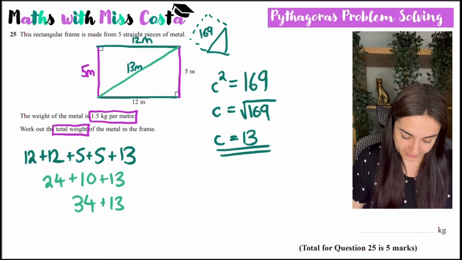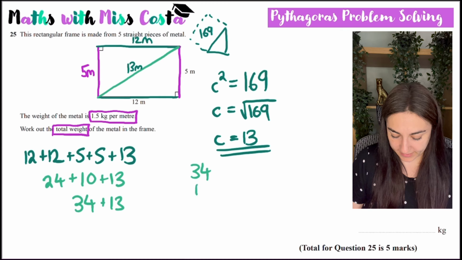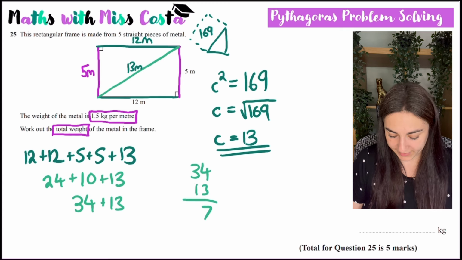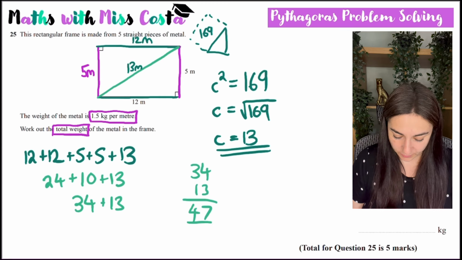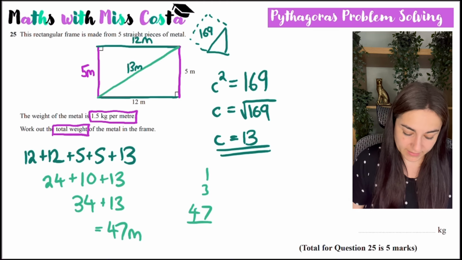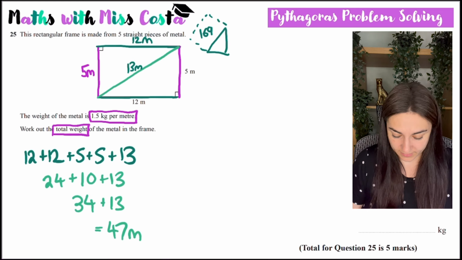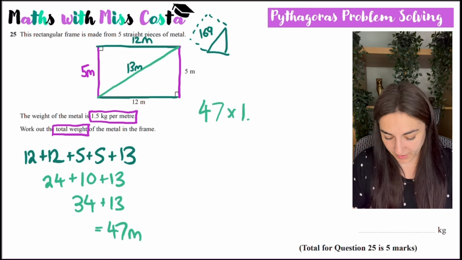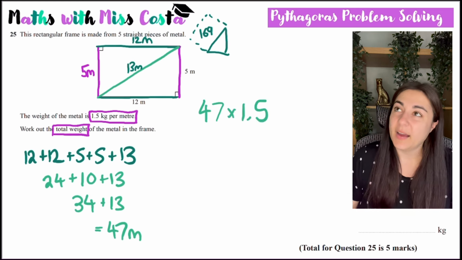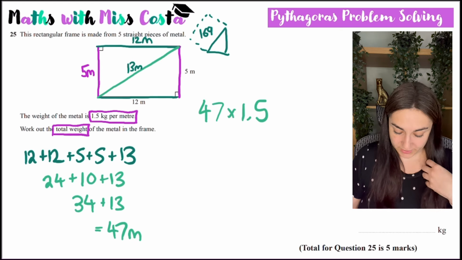And 34 plus 13, I can do it like this. 4 plus 3 is 7. 3 plus 1 is 4. So that would be 47 meters. So the last part is I need to do 47 times 1.5. Now there's a few ways that we could do this.